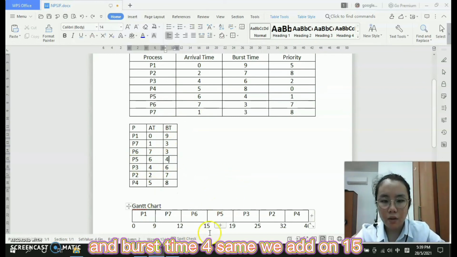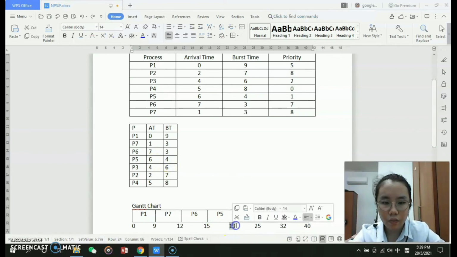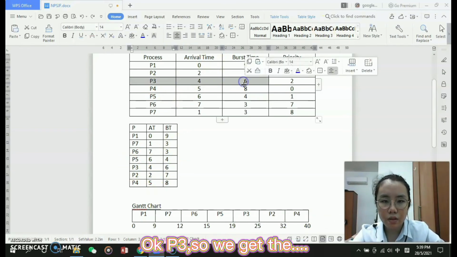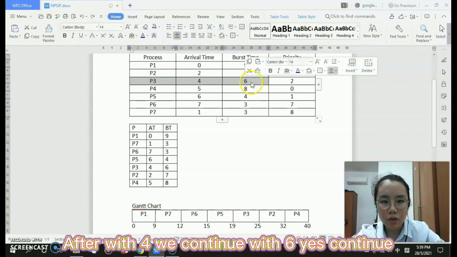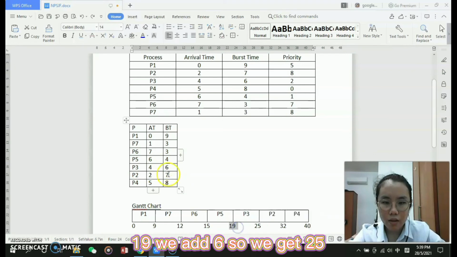We add 15 plus 4, so we get 19. The next is P3, arrival time 4, burst time 6. We add 19 plus 6, so we get 25.